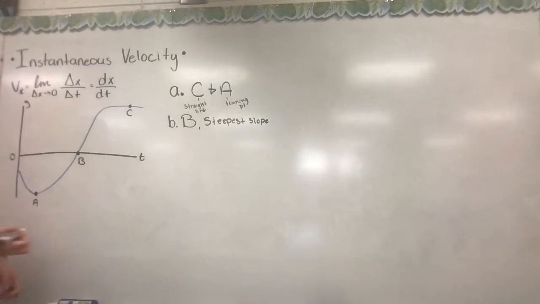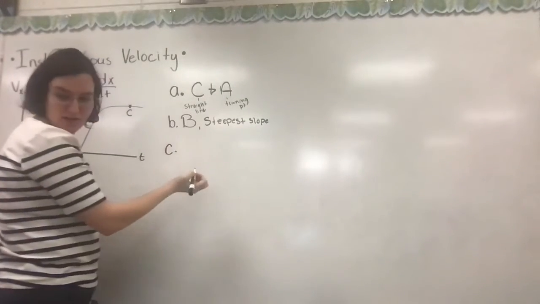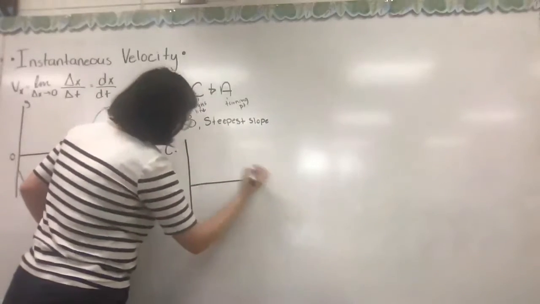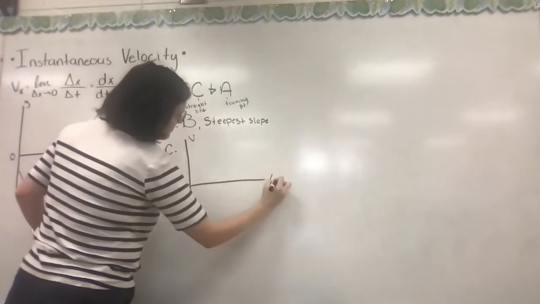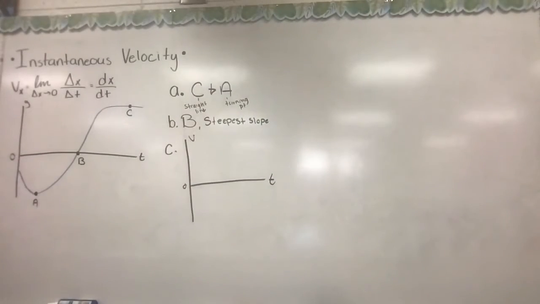Now, let's think about what this would look like if we graphed it as velocity versus time. So we're going to have to pick this thing apart. We're going to try and now graph this as a velocity versus time graph. So what's happening right here?